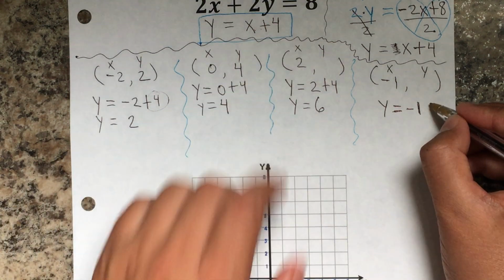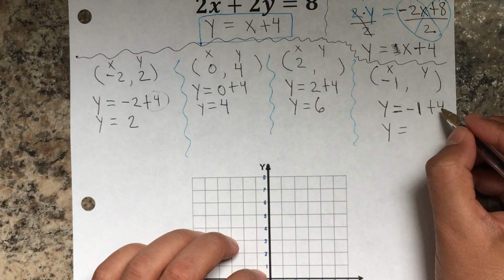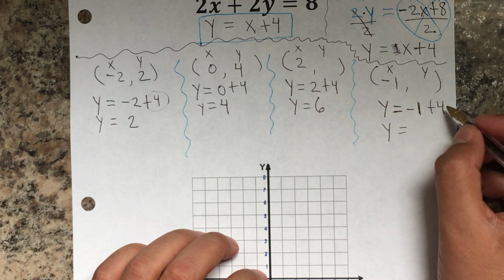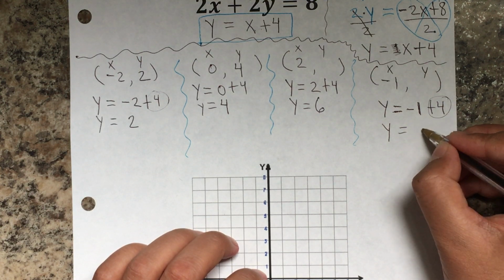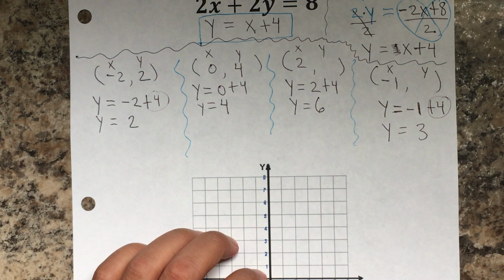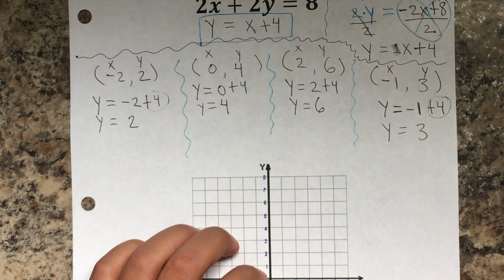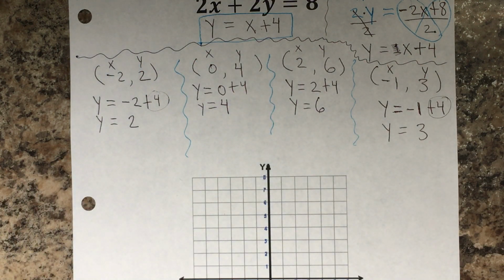And then plus 4. So y equals, now, different signs, we subtract and leave the sign of the bigger one. 4 minus 1 is 3, and the bigger one is positive, so my value is 3. Okay, and here it was 6. Again, if you decide to use the coordinates, that's fine. If you want to use the table, that's also perfectly fine.